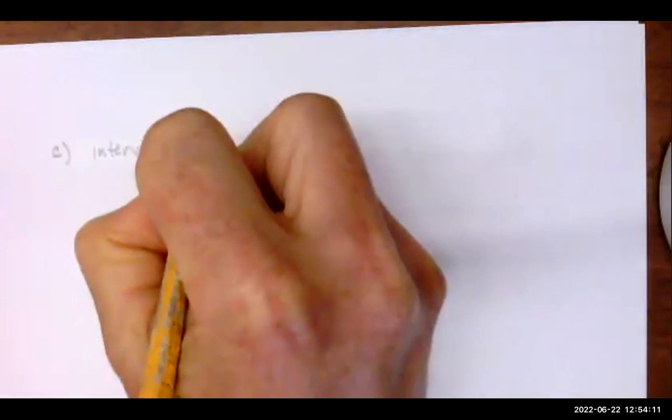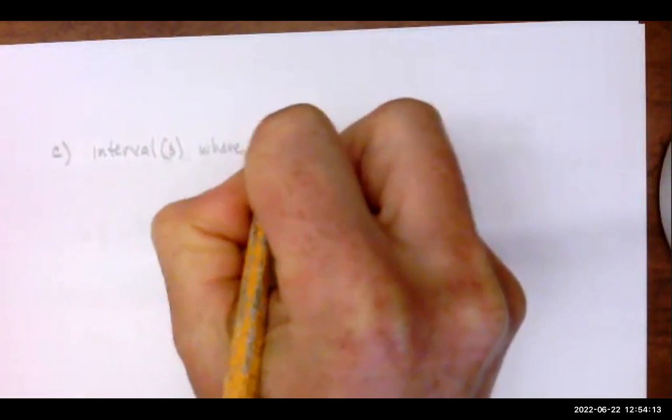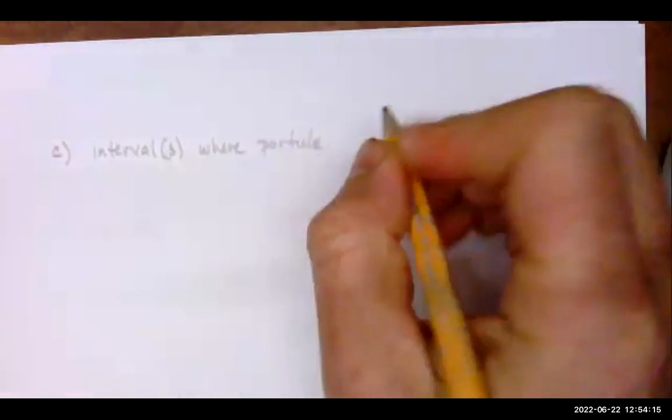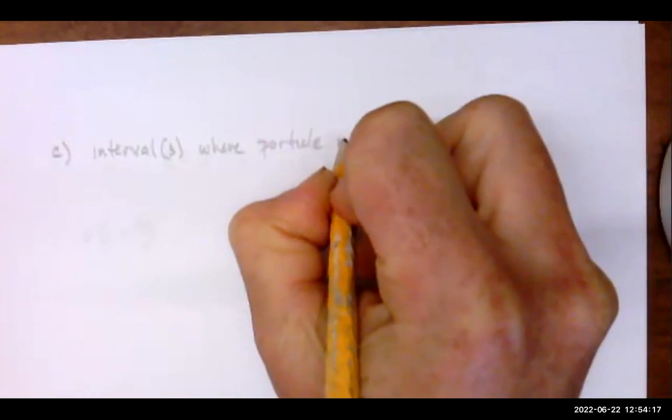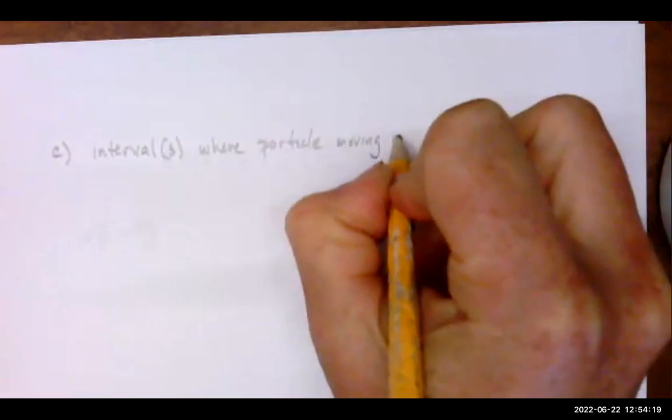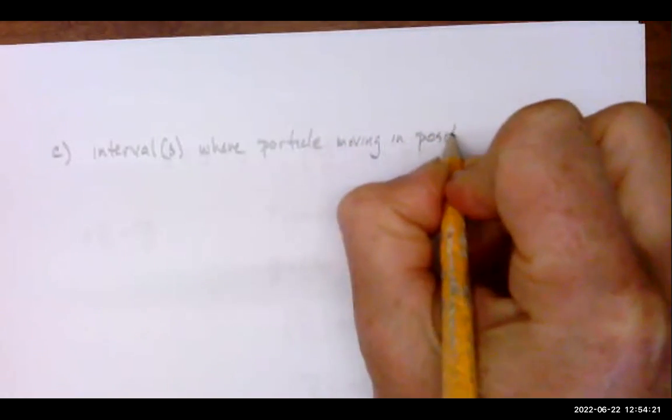All right, keep going. Part C. This asks for the interval or intervals where the particle is moving in the positive direction.